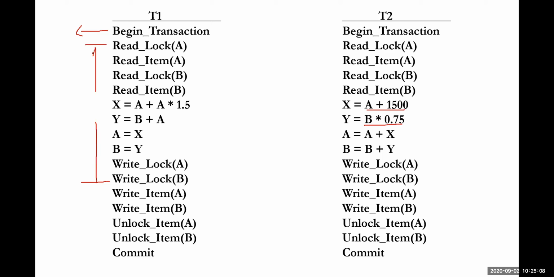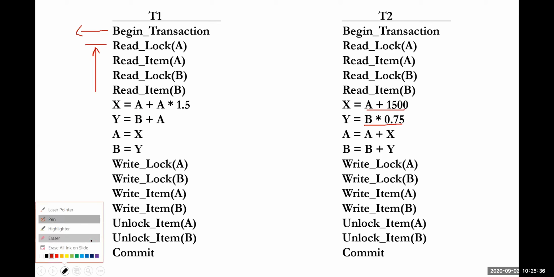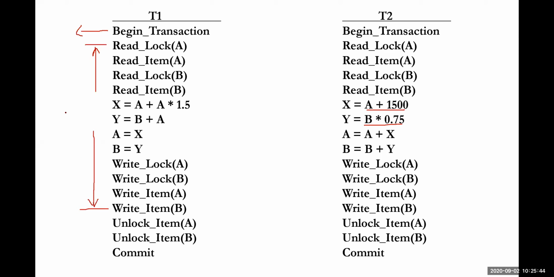In the growing phase, in the beginning, you acquire the locks and perform some operations on the particular items. Wait a while, not exactly this position. It comes under this position. Sorry, one moment please. Yes, up to this area it is the growing phase.